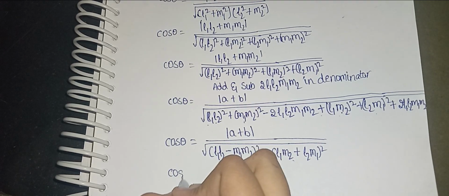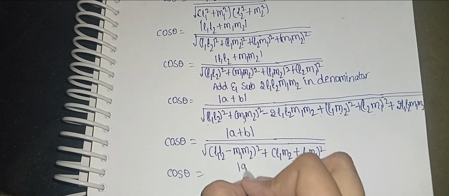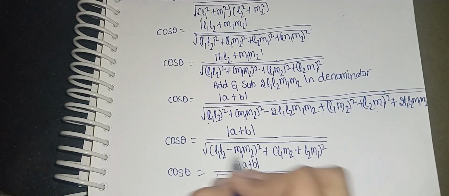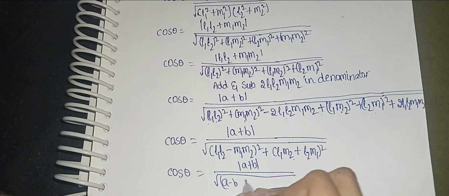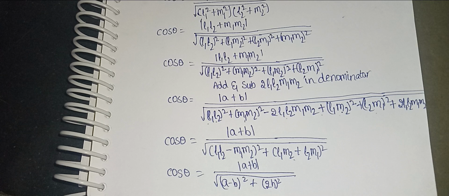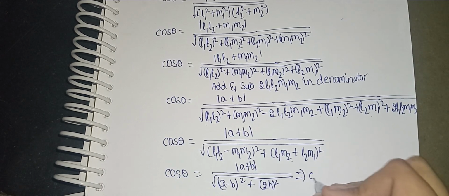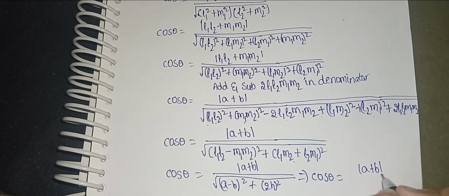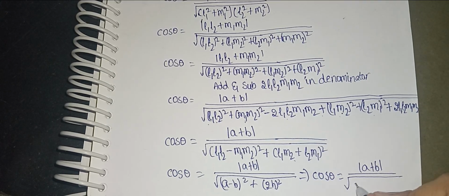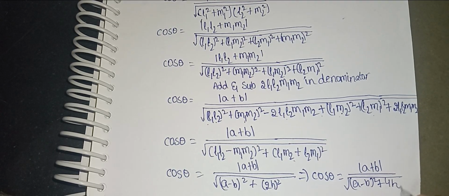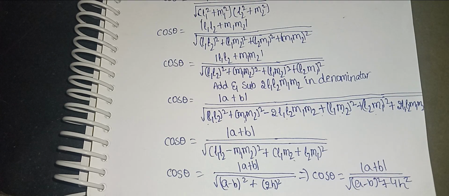Means cos theta is equal to mod A plus B by root over A minus B whole square plus 2H whole square. Means cos theta is equal to mod A plus B by root over A minus B whole square plus 4H square. Okay. First theorem is completed.